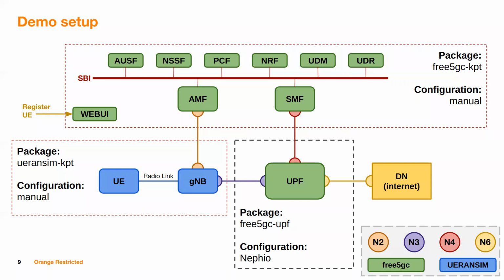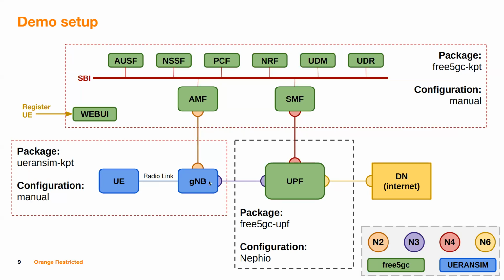Another quick question: in this topology, how complex topologies can you do, like multiple UEs to a single gNodeB or multiple gNodeBs to a UPF? Can you create all these kinds of topologies with free5GC today, or is it just this one that you showed? For my testing with Nephio, we tested multiple UPFs, and multiple gNodeBs, though we only had one UE.